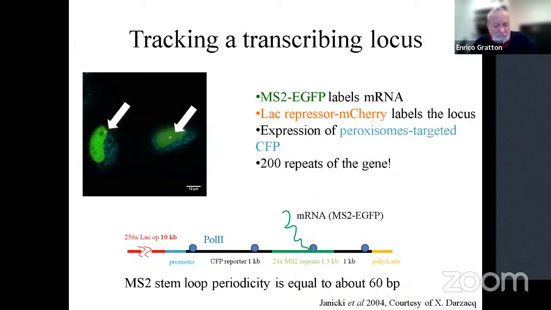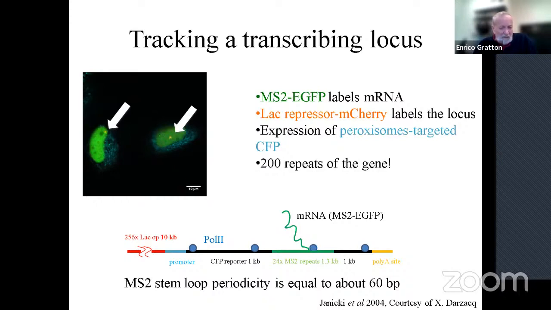Okay, so let us now track some positions. This is a nucleus. The nucleus is expressing MS2-GFP, which binds to RNA, and then there is a Lac repressor, mCherry, which is here. And we have many repeats of the same gene.